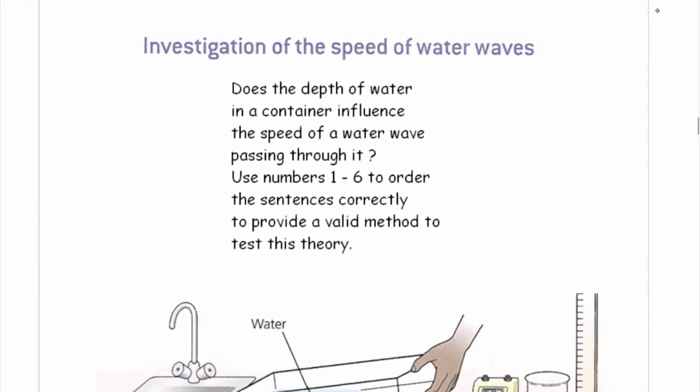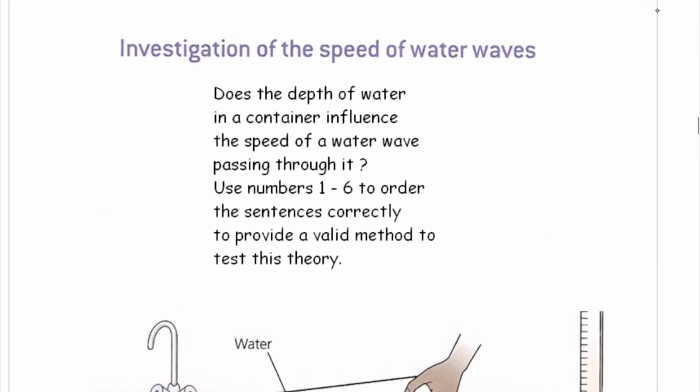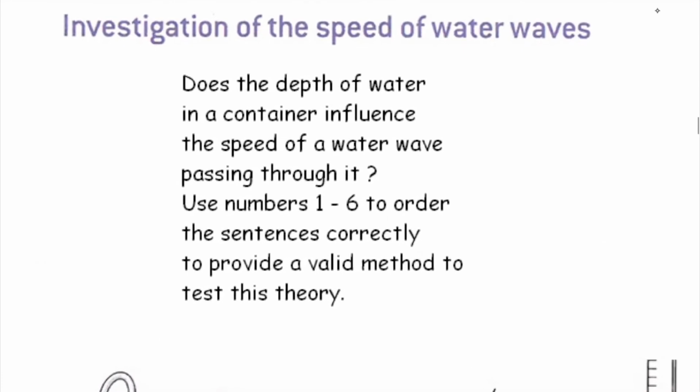Which brings us on to the practical, and this is the specified practical that you need to understand for this topic. And the investigation is this: does the depth of water in a container influence the speed of a water wave? The depth of the water is the independent variable.